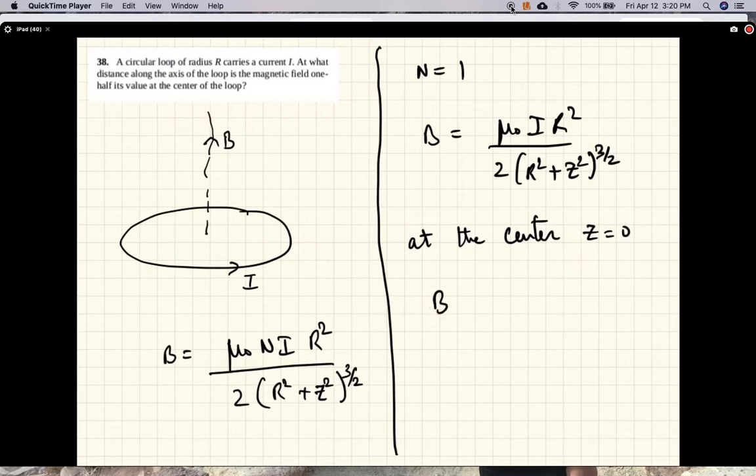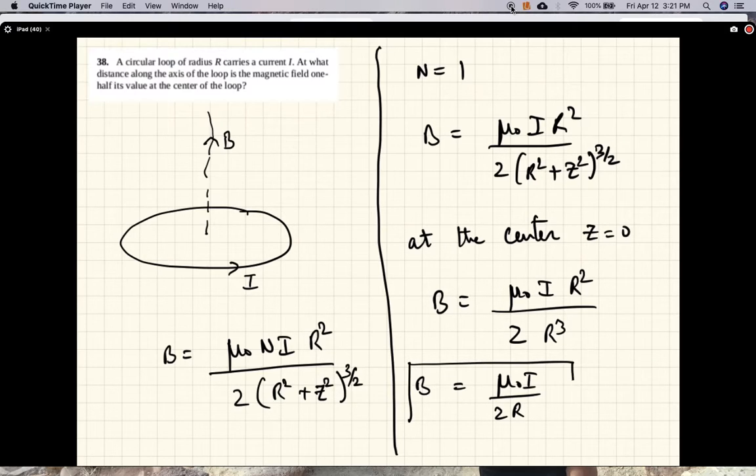And so B is mu naught I r squared over 2. This is r squared, z is 0, r squared to the 3/2 is r cubed. And so this is equal to mu naught I over 2r.